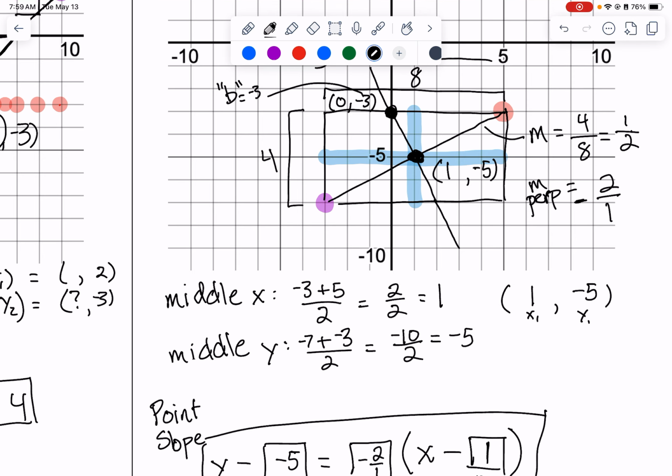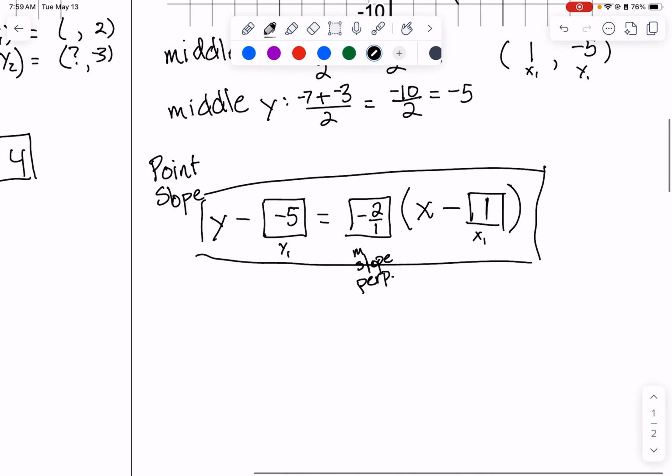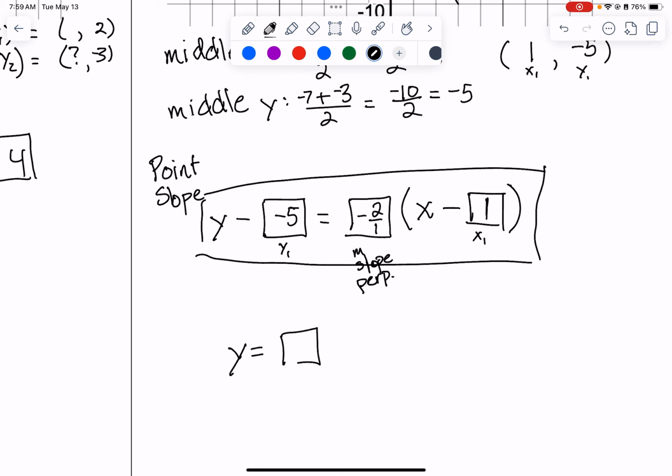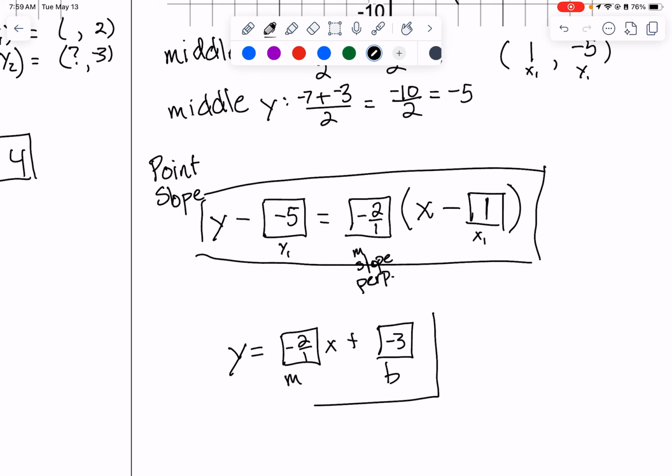So if you had written the equation y equals mx plus b, and you filled in the b with negative 3 and my perpendicular slope of negative 2 over 1, this would have also been an acceptable response.